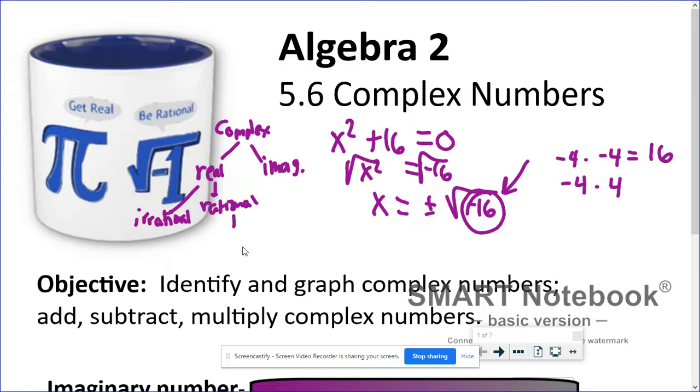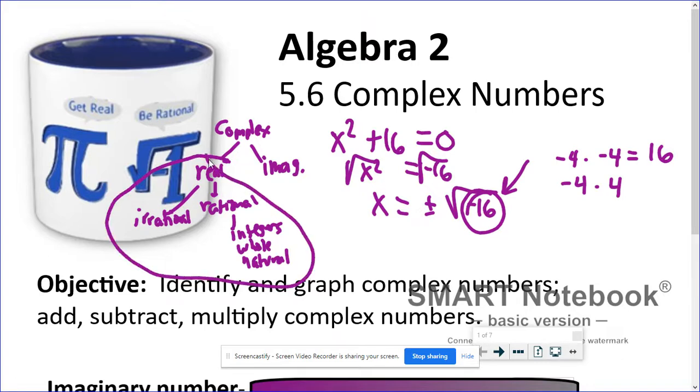Underneath rational, you would have subsets of rational numbers: integers, whole numbers, or natural numbers. Hopefully these are all terms that you are familiar with. Pretty much all the math that you've done up to this point has been some of those, right? So now we're going to branch out and talk about imaginary numbers. Complex numbers are both, right? So complex is the umbrella term for both.